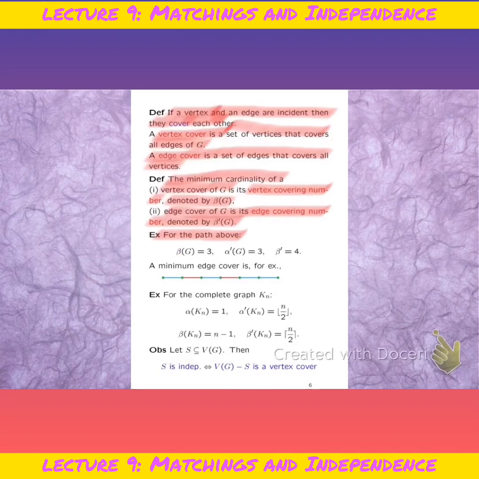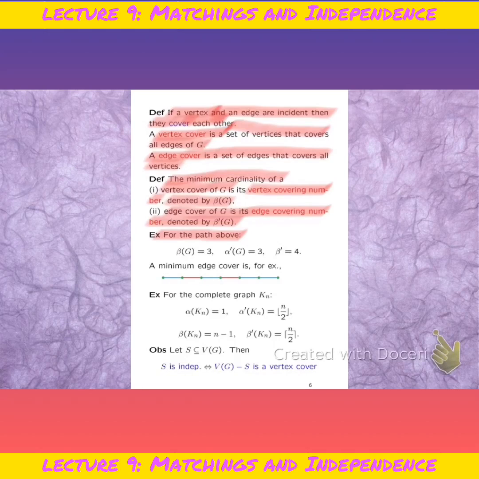Then alpha prime, which is the matching number: I can pick an edge there, an edge there, and an edge there, and the largest cardinality of a matching is going to be 3. I can't get by with more than that.